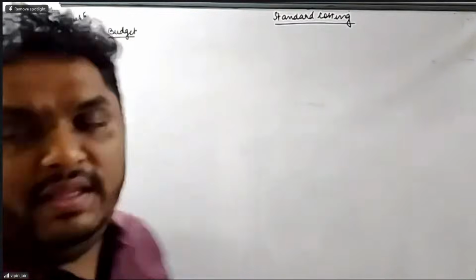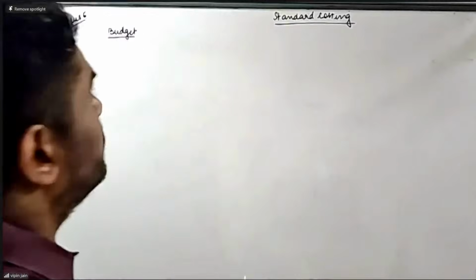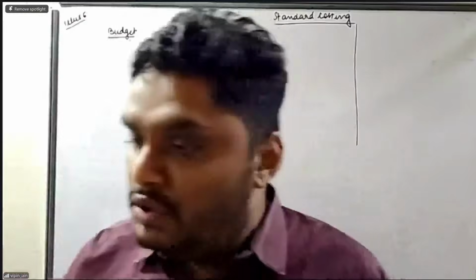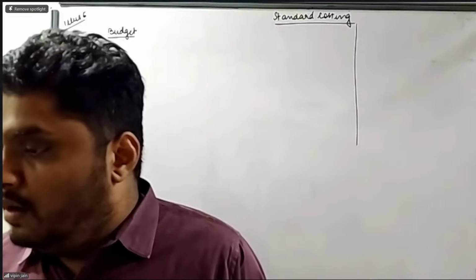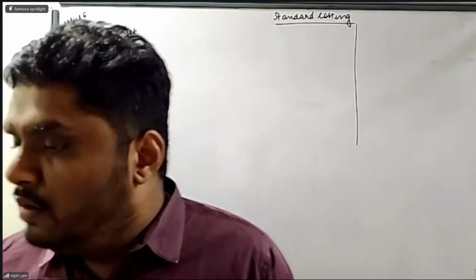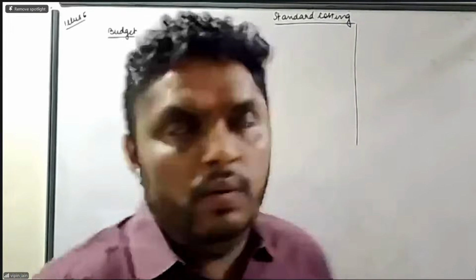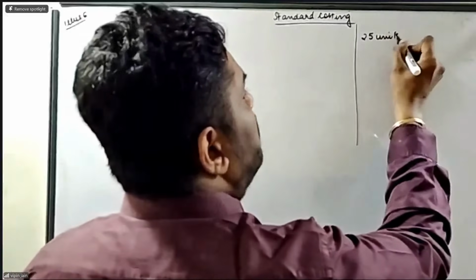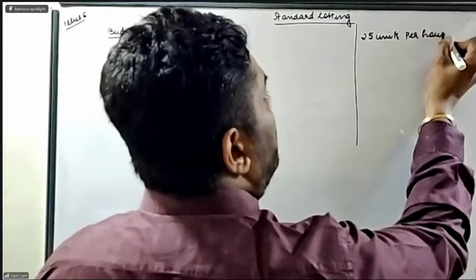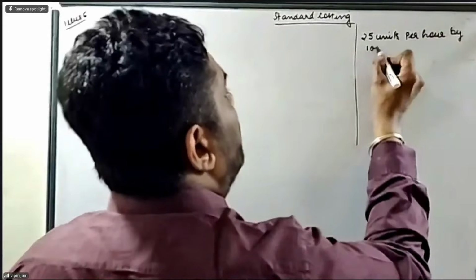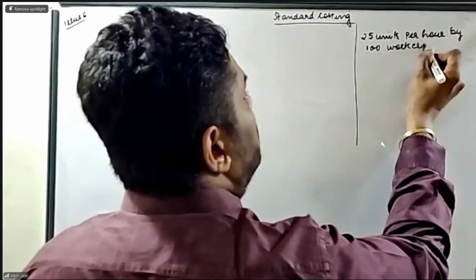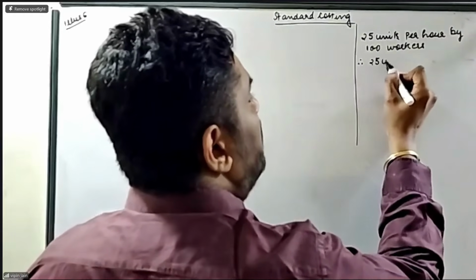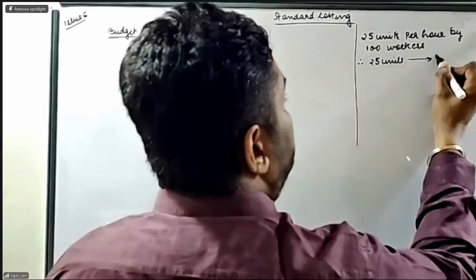So budgetary data is given in the question. So herein, 25 units per hour by 100 workers. It means what? Therefore, 25 units are manufactured in 100 hours.